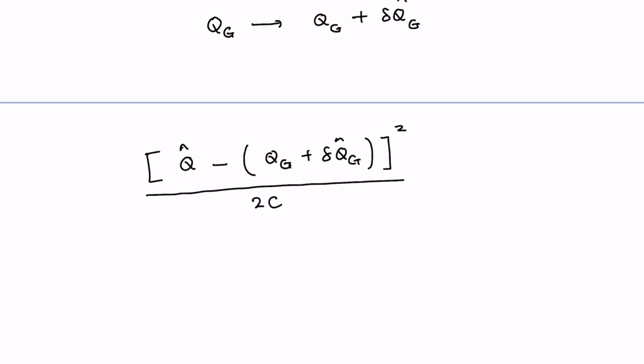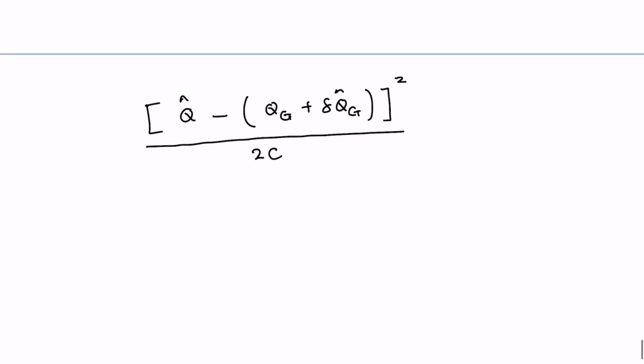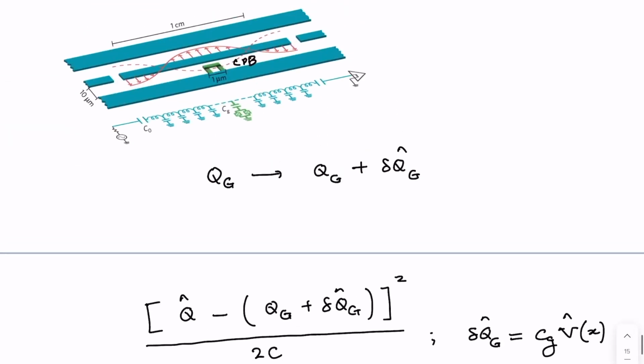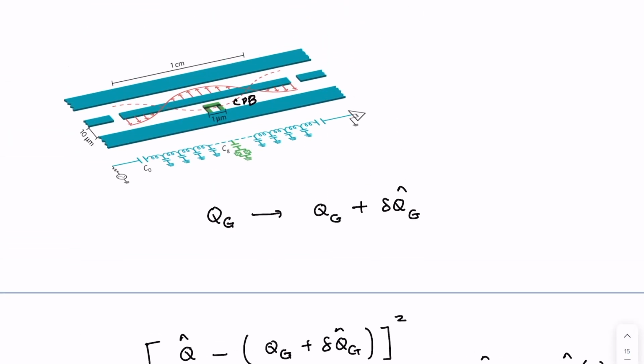Before I expand it, let me also tell you that this quantum mechanical fluctuation δQ_g in terms of the gate voltage is C_g V. This V is the voltage operator, and C_g is the capacitance of the coupling capacitor to the Cooper pair box. In fact, here in this diagram you see C_g is this one.